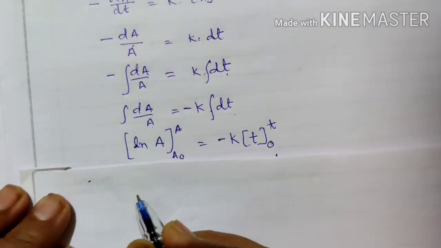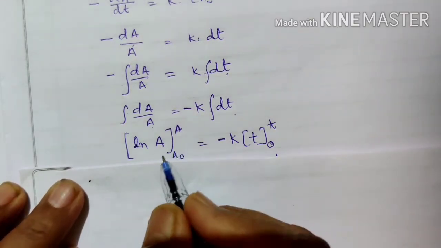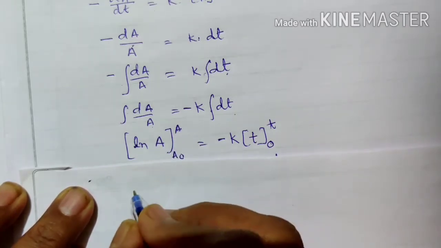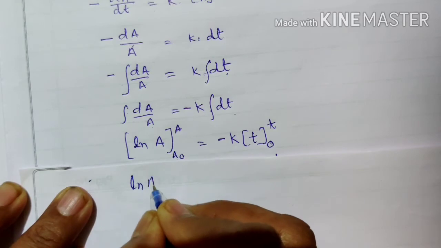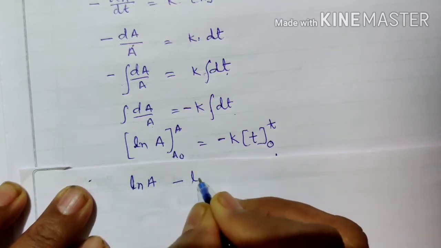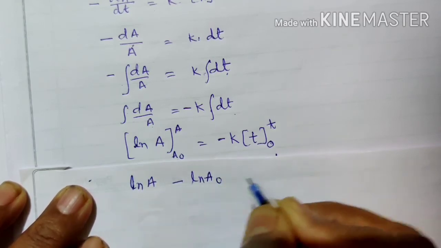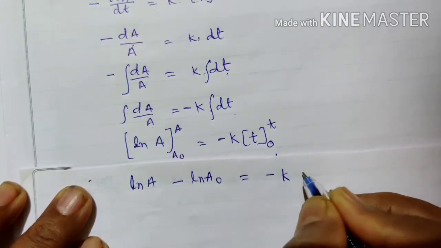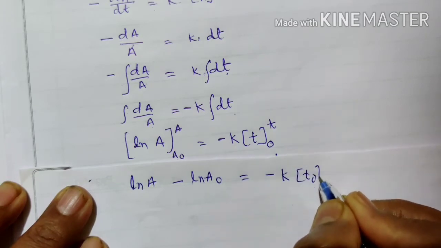Now when we integrate this reaction, then we will subtract it from upper limit to lower limit. That means we can write this is ln a minus ln a0. This is equal to minus k, and then we can write t within the limit of t0 to t.